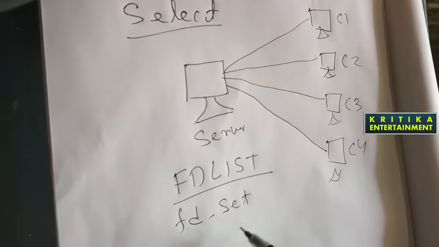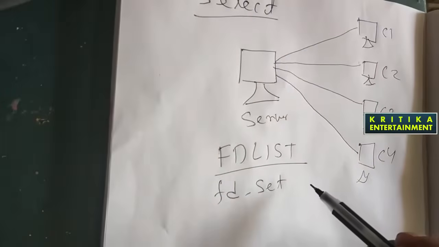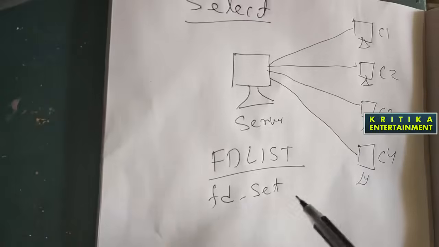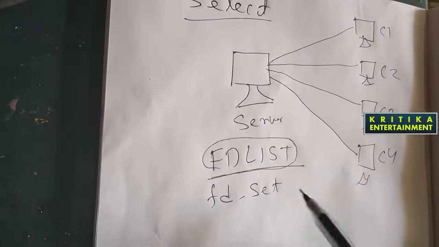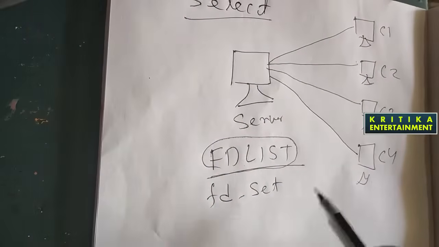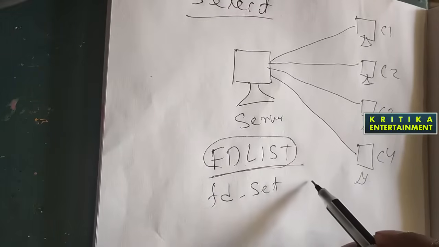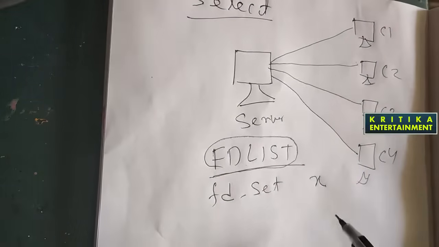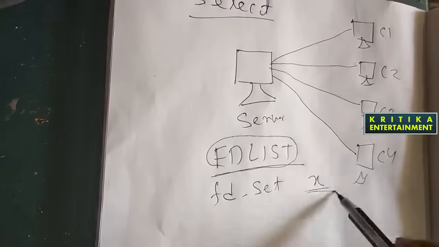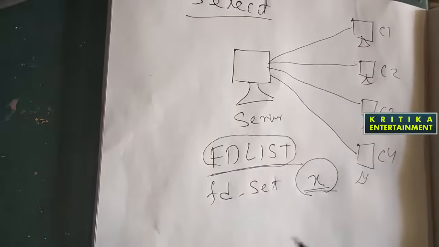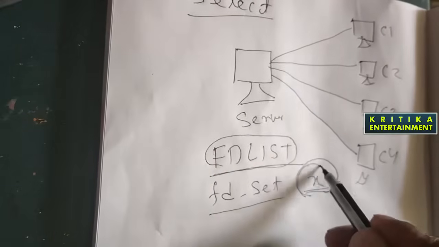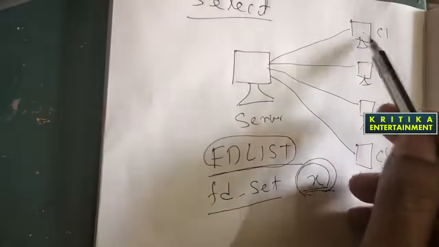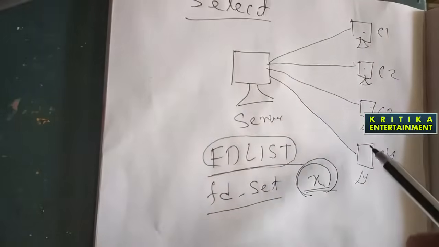It is a data type corresponding to an FD list. Suppose here you declare X. Then X is a variable whose type is fd_set, which means it will hold a number of FDs, an FD list.